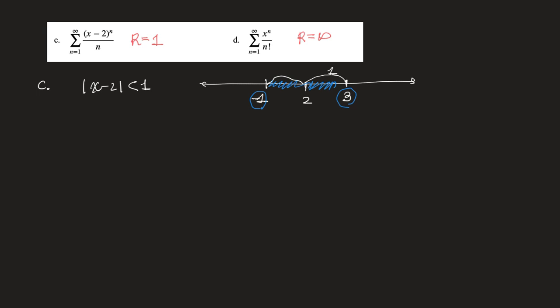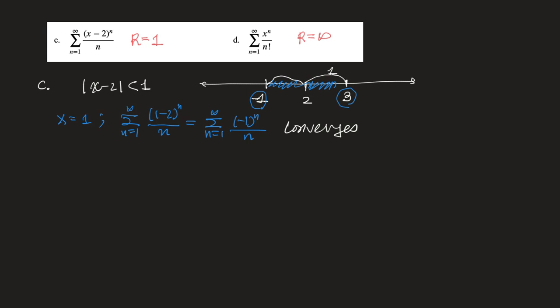We have to check the endpoints. Let's start with x equals 1. Plug in: summation n equals 1 to infinity of (1 minus 2) to the n over n, which is summation of (-1) to the n over n. Guys, remember this is the alternating series test. It says this converges.